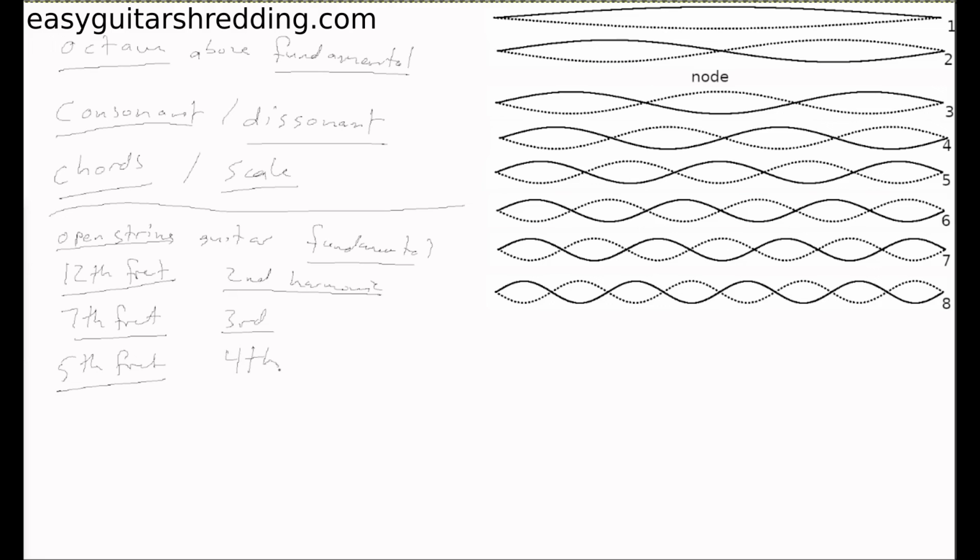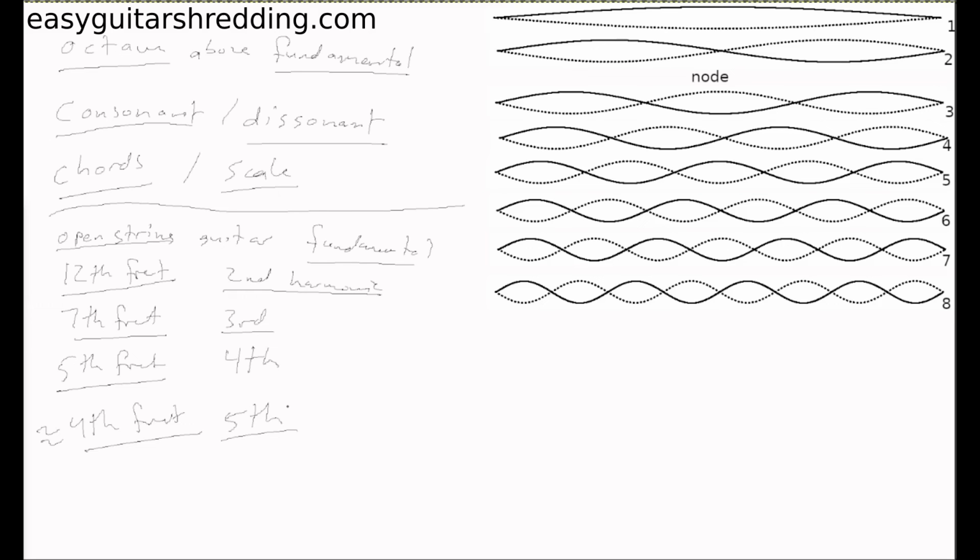If you touch it at 1/5 the length, which is approximately at the 4th fret, you'll get the 5th harmonic. And each higher harmonic is closer and closer to the previous one as you approach the end of the guitar neck.